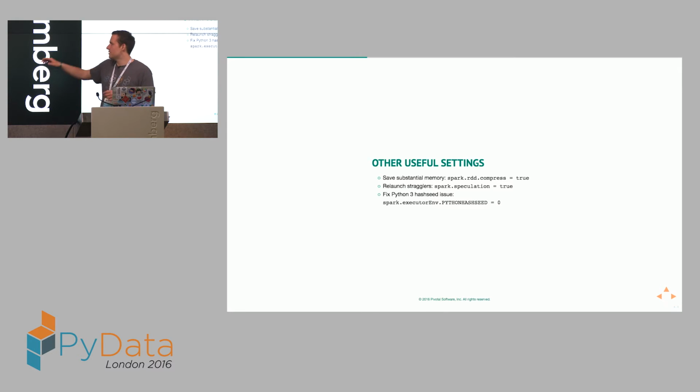Now this means that in a cluster environment, Python 3 will fail on group by and reduce by key operations. And just exporting the Python hash seed on the main node will not resolve this issue. So if you want to use Python 3 in a cluster environment, you have to set this setting in your sparkdefaults.conf. Otherwise, things will go wrong.